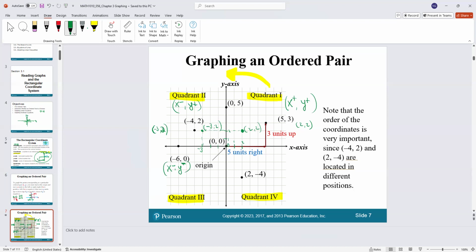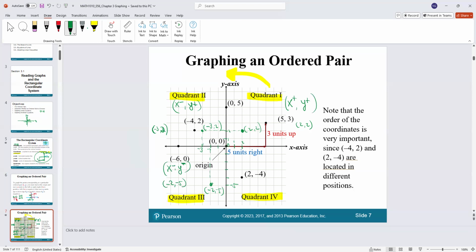For example, if they ask me to graph (-2, -5), I count -1, 2, 3, 4, and 5. That's -5 here. -2, remember it was right there. So that will be the point (-2, -5). You see, both numbers are negative.